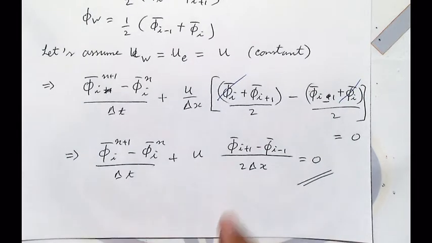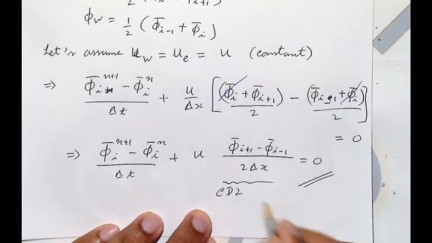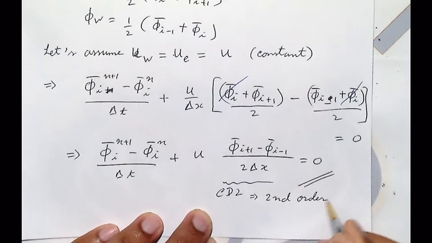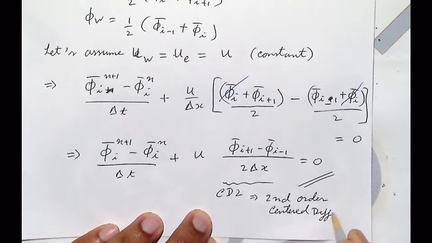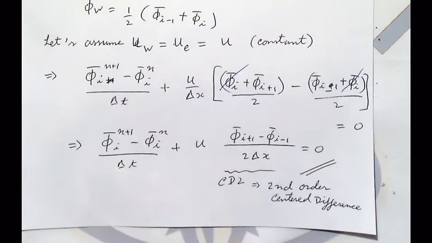So this is the CD2 basically. CD2 is second order central difference. It's pure advection we're talking about. What do you remember happens when we do pure advection with CD2?